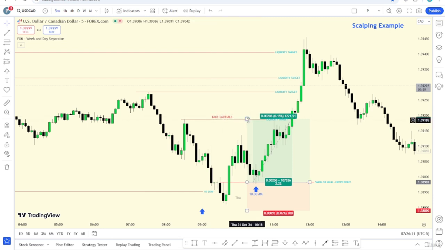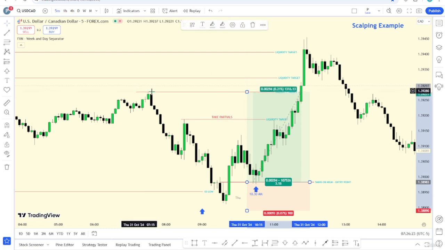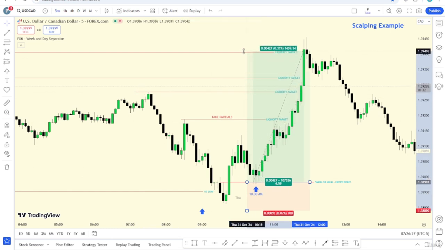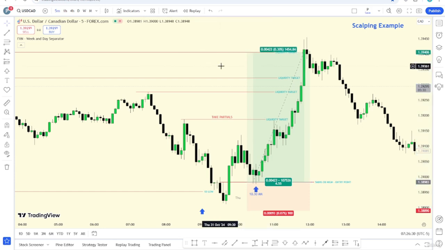If we move on to the next liquidity point we have right here, that is about 3R. And then of course eventually we had that ultimate target, which is 4.5R. Make sure that you're taking partials in these 3 areas.